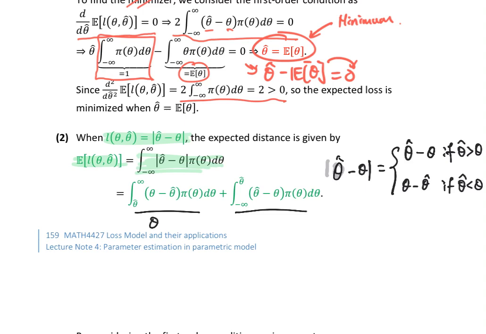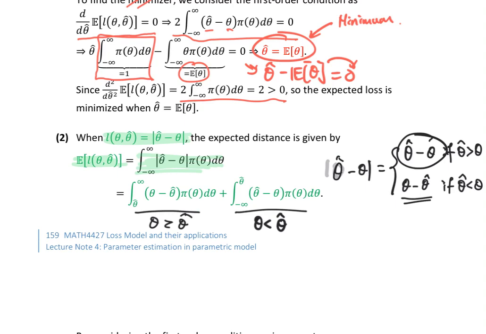That corresponds to theta greater than theta hat, so in that case you should take this value. On the other hand, the second integral is from minus infinity up to theta hat, which corresponds to theta less than theta hat, and then you should choose the first form for your absolute value.